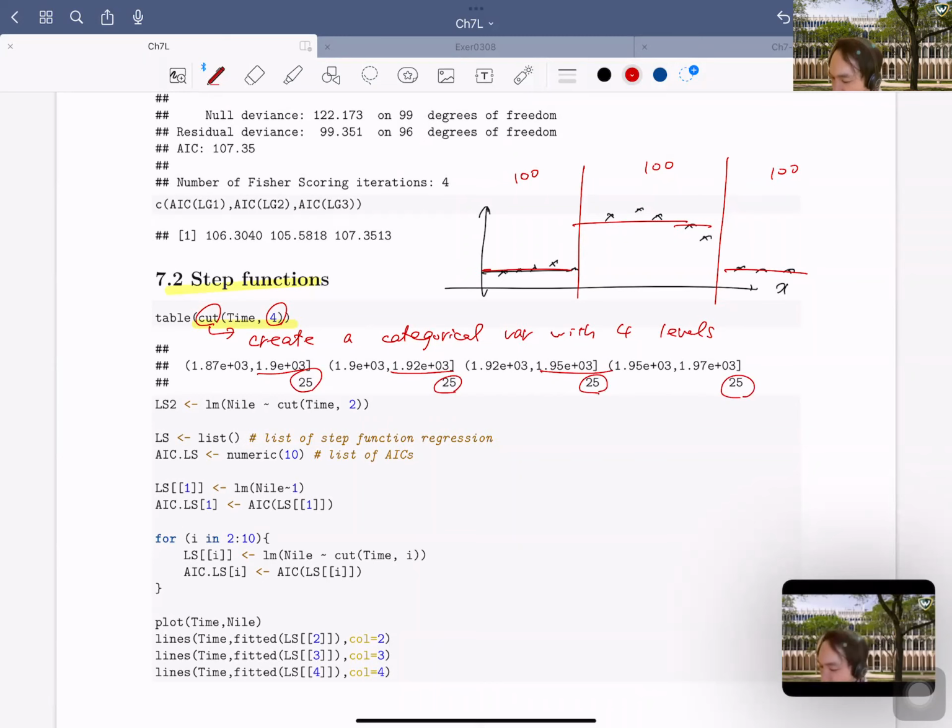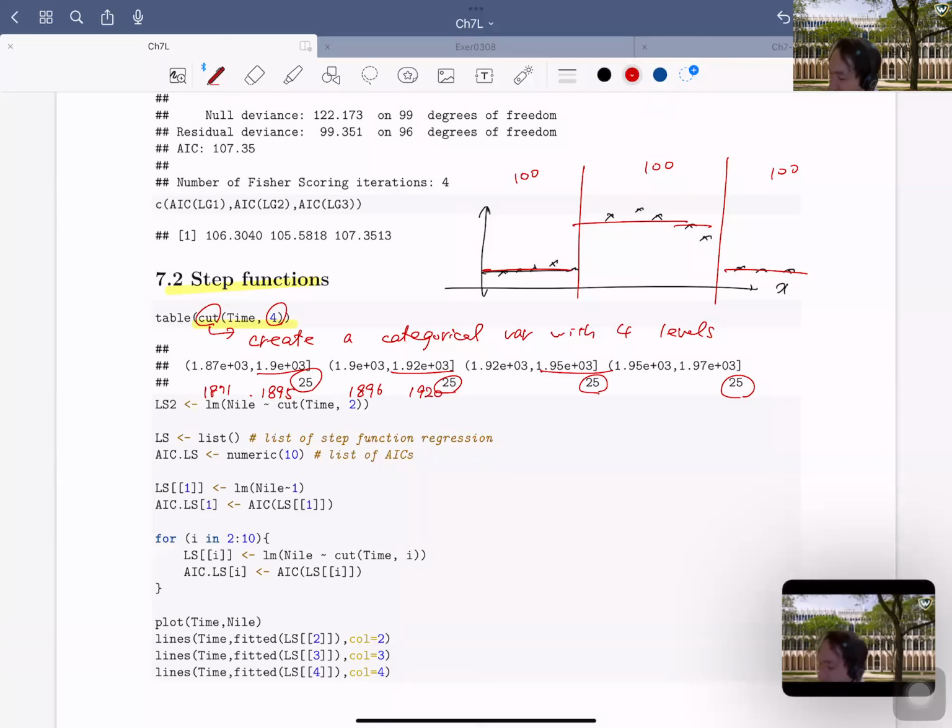So this is 1871 to, sorry, 1896, right? So it's not really 1900, sorry. So this is 1896 to 1920, sorry, I'm not good at addition.